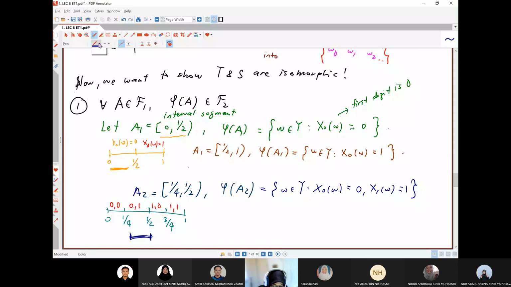Okay. Let's say if you have another A2, kalau A2 in segment 3/4 dengan 1, what is the image of this A2?